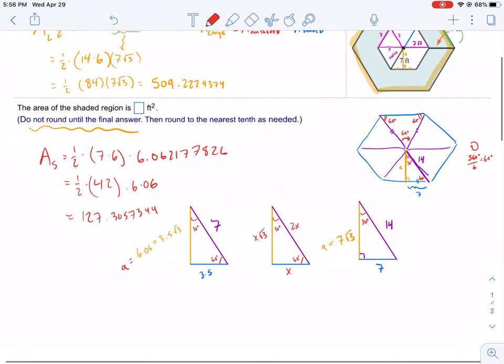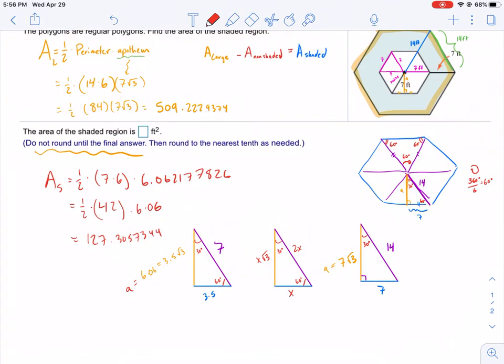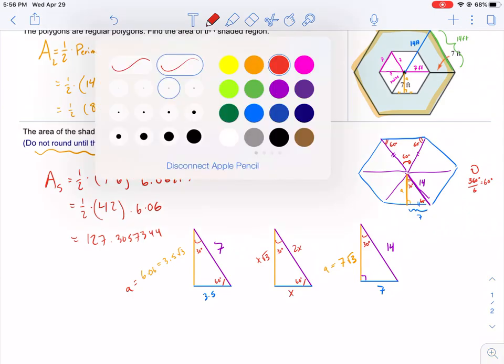Okay, so now I have my orange, I have my red. So what I'm going to do is, because I already stored the values, I'm just going to take the orange, 509, minus the red, which is 127. I hit enter, and what I get, let me go ahead and write that out.